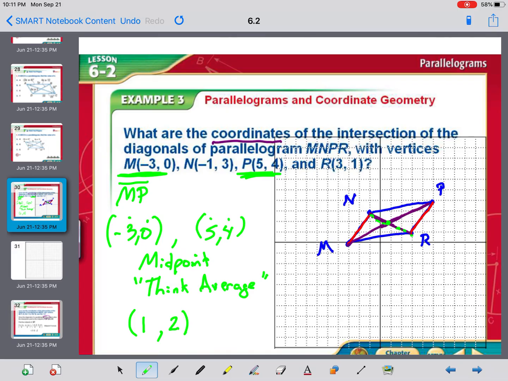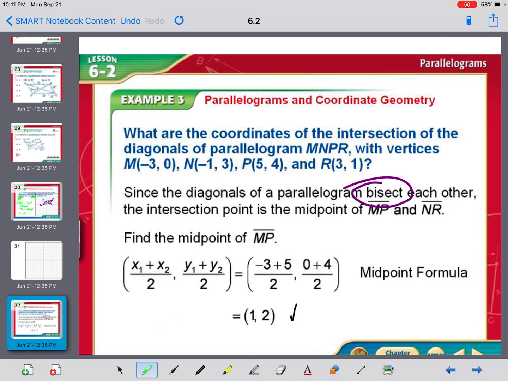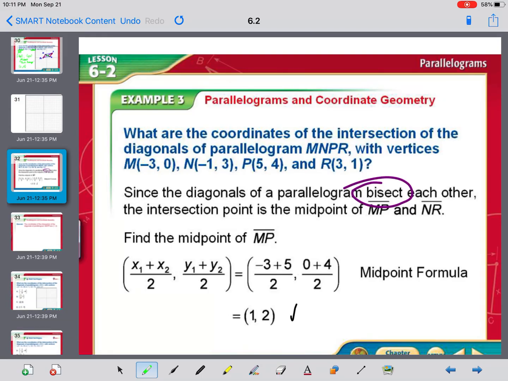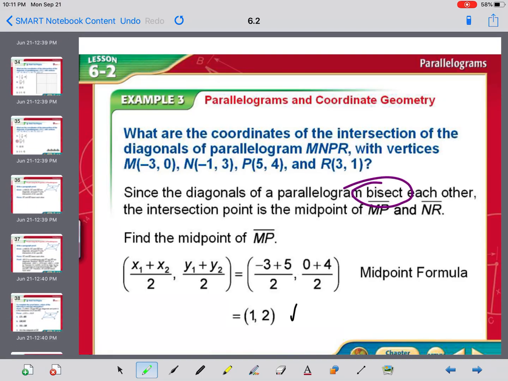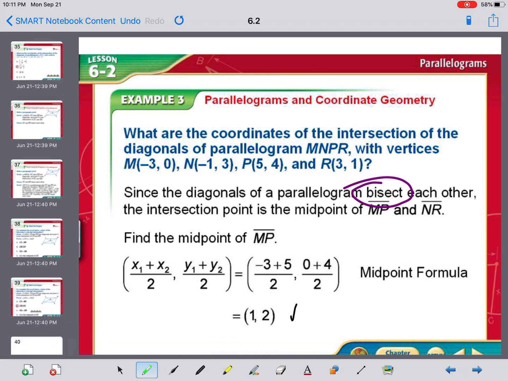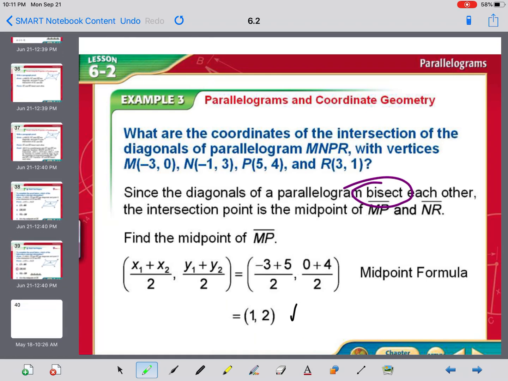What is the average of a 0 and a 4? 2. So 1, 2. Does that appear halfway? Does to me. 1, 2. Most of the rest of these are just similar practice of the same thing.